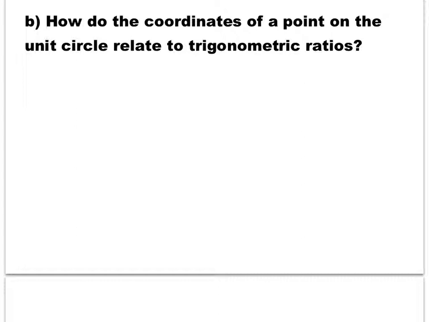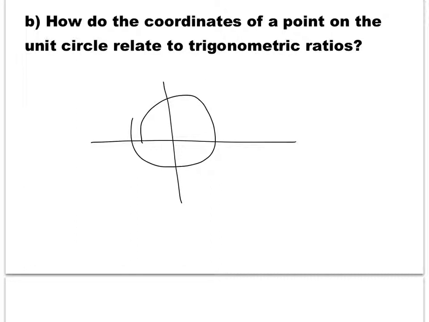Okay, the last part of the problem: how do the coordinates of the point on the unit circle relate to the trigonometric ratios? Very simple. If this is the unit circle and this is the point P(x, y), we said before that sine theta is equal to opposite, which is y, divided by radius, which is r.